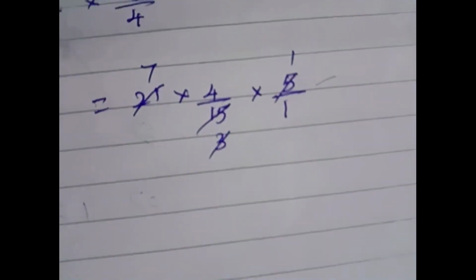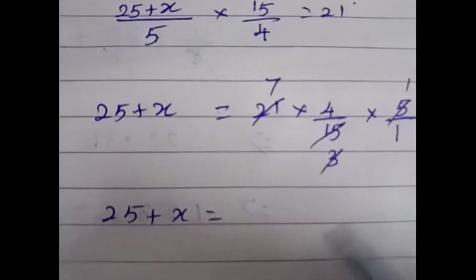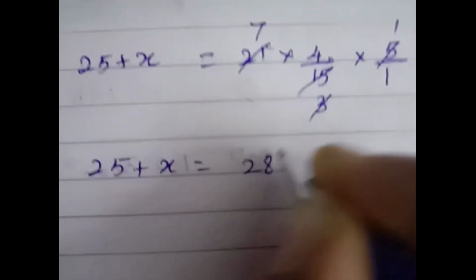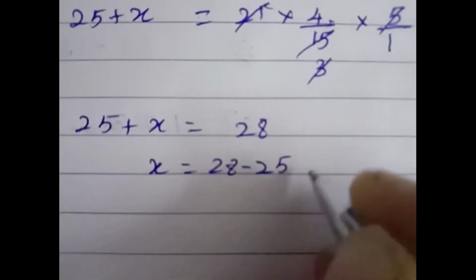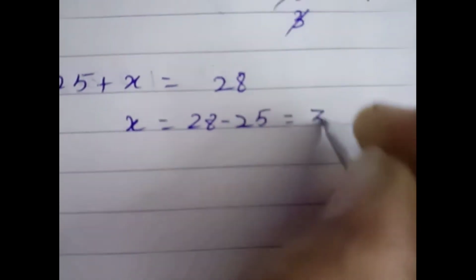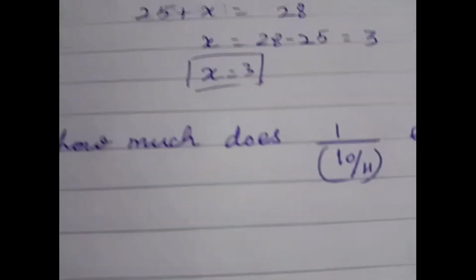So in the 5 table 1 time, in the 3 table 7 times. x is equal to 7 fours are 28. x is equal to 28 minus 25 is equal to 3. Therefore the x value is equal to 3.